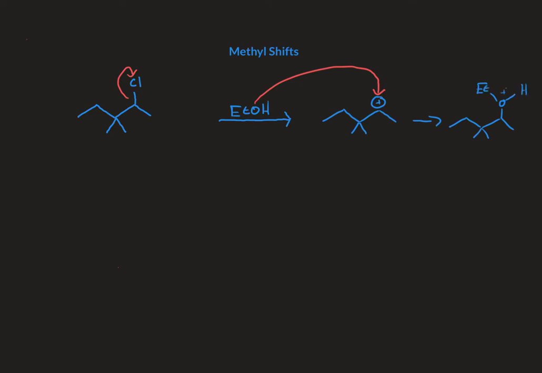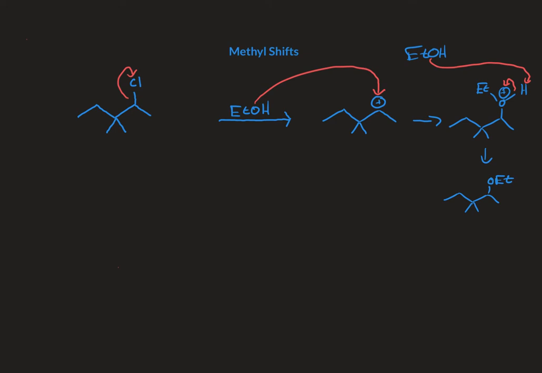We get this oxonium intermediate that another molecule of ethanol is going to come in and deprotonate to give this expected product that puts an ether in place of the chloride.